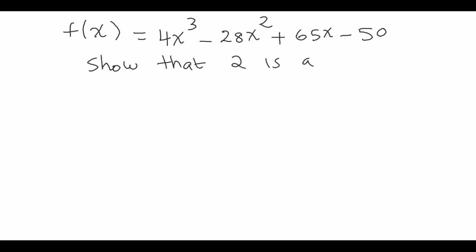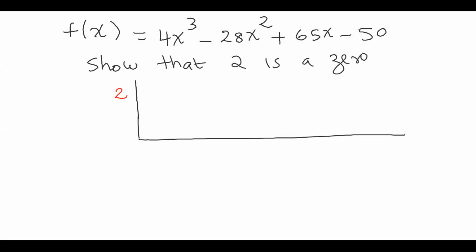All we have to do is use synthetic division and divide this by 2. Just put the 2 here, and then 4, negative 28, 6. The polynomial is complete, so we don't have to add zeros.